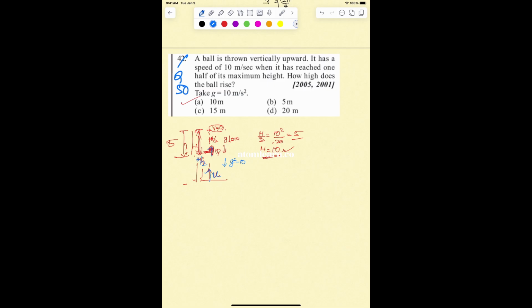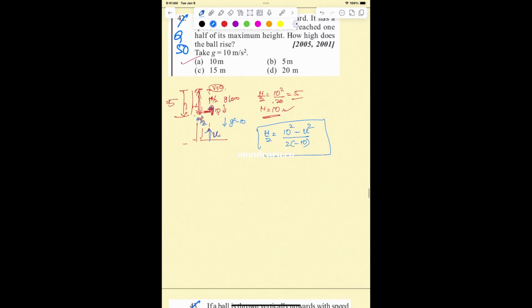Therefore, from here you can find the equation giving h by 2 equal to v squared, 10 squared, minus unknown u squared, divided by 2 into minus g. This is one equation. Here we do not know h, we have to find h. We also do not know u squared. This is just one equation.